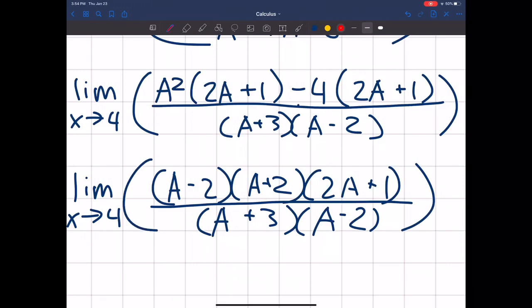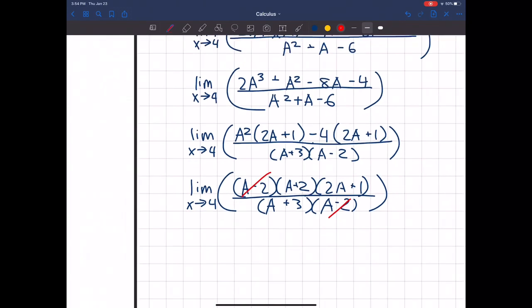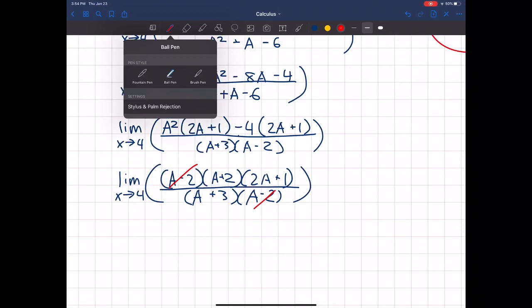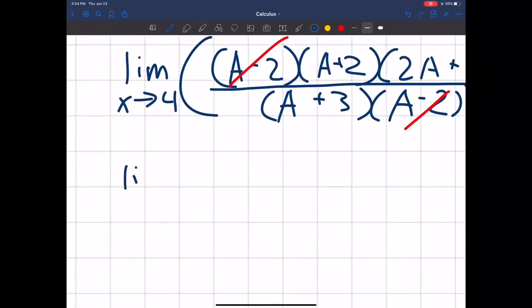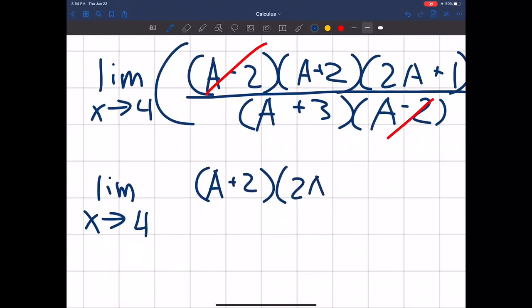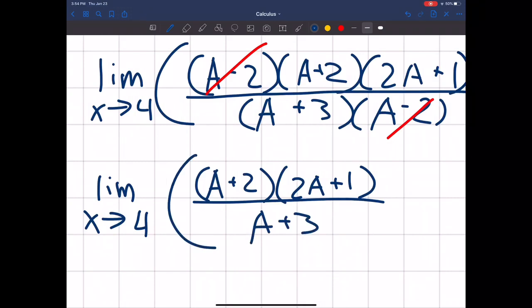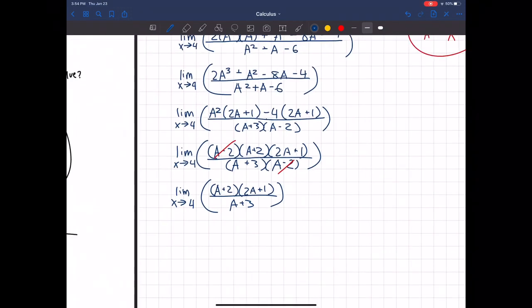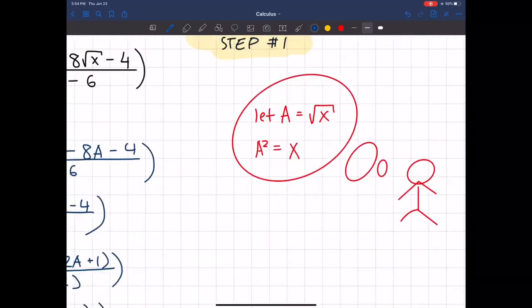So what you'll notice here is that a minus 2 cancels out. So then we just end up having the limit as x approaches 4 of (a plus 2)(2a plus 1) over (a plus 3). So now that we have that established, we can replace the a with the original thing now.